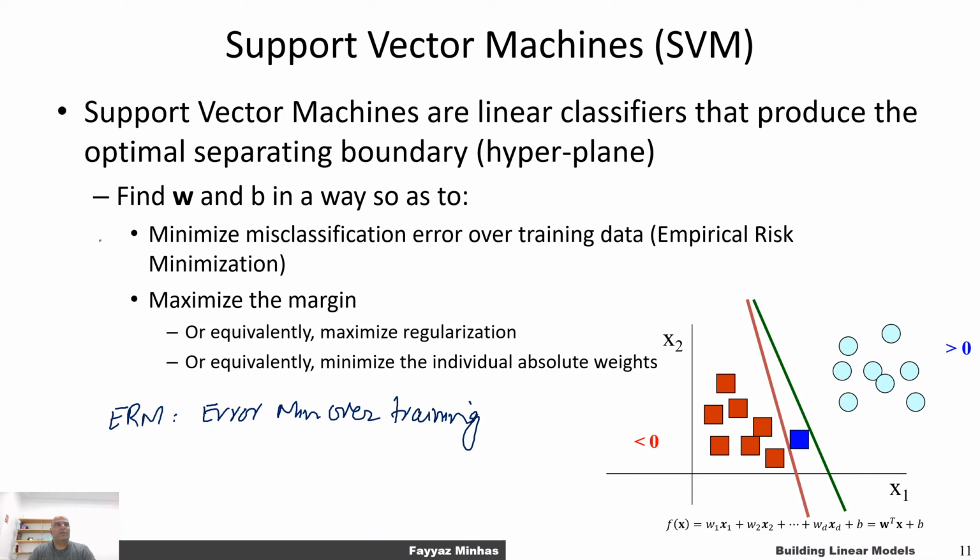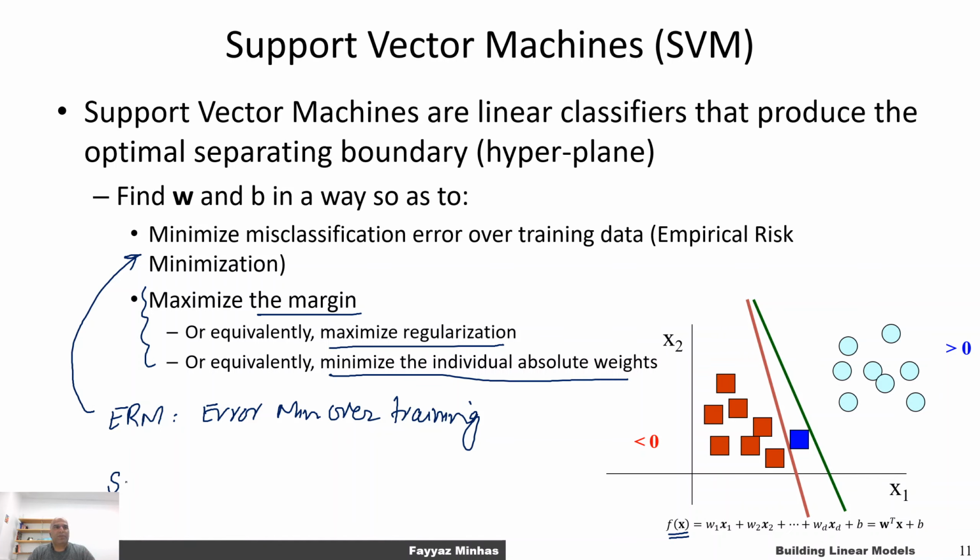We want to do more than that. The additional thing we want to do is maximize the margin of error, or maximize the regularization, or minimize the individual absolute weights of a linear discriminant, to achieve this maximum margin and more robustness to noise.